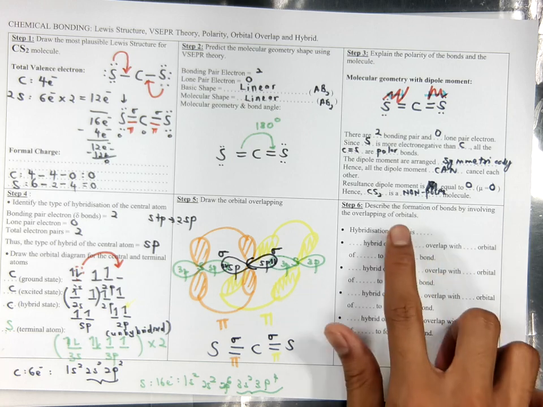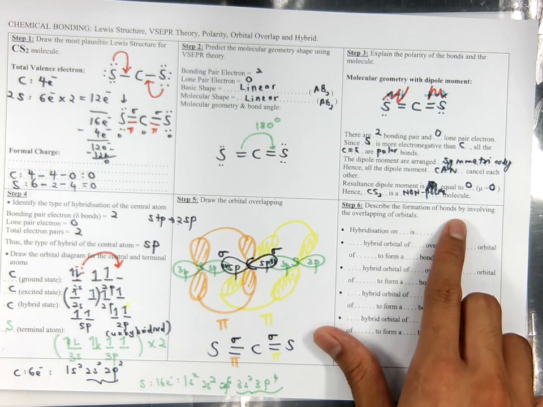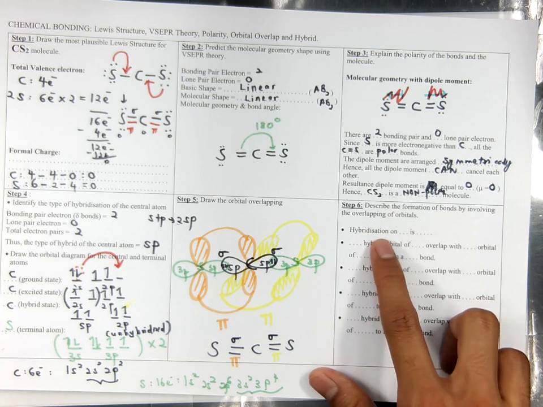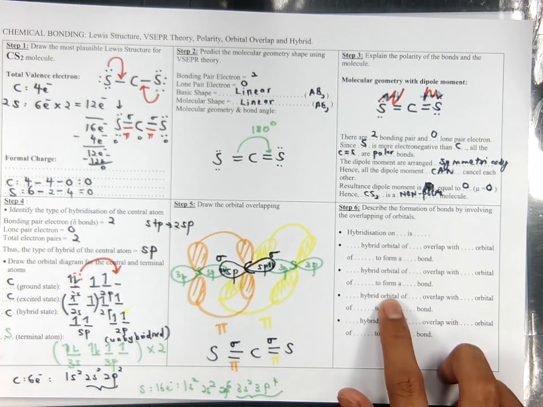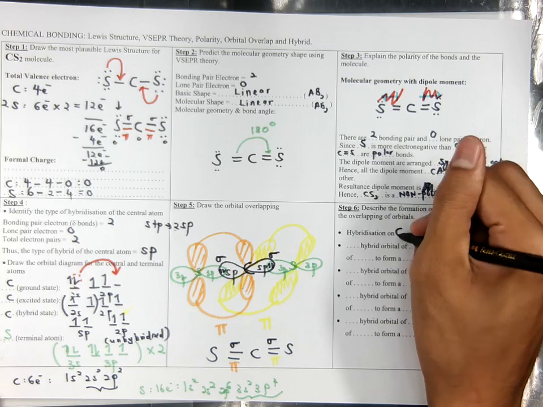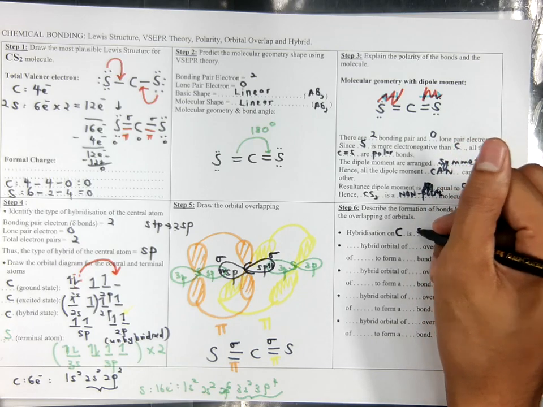So if we were to describe the formation of bonds by involving the overlapping of hybrid orbitals, we're going to answer this in terms of writing. So the hybridization on carbon is sp hybrid orbital, right?